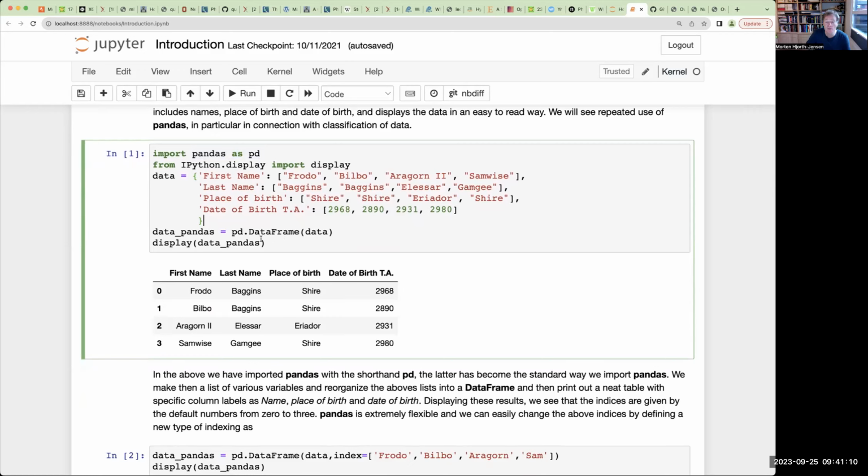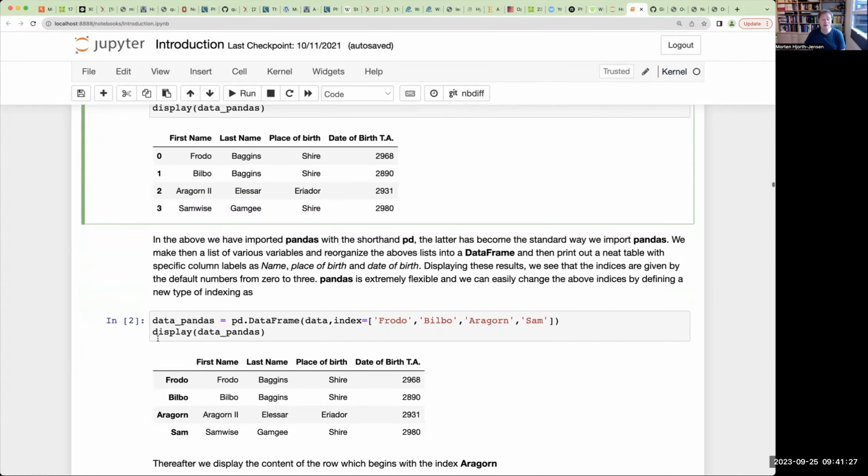So this sets up, in principle, a matrix, a two-dimensional object, where we have the indices here, and then we have the columns, so the rows and the columns, and the rows are just given numbers by default. And then you can change the index to other quantities.